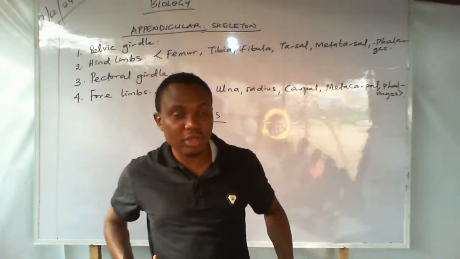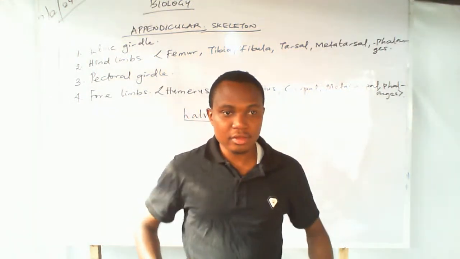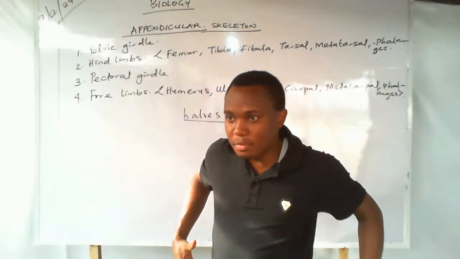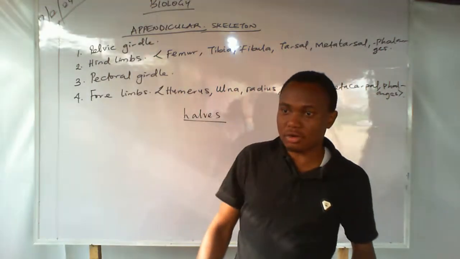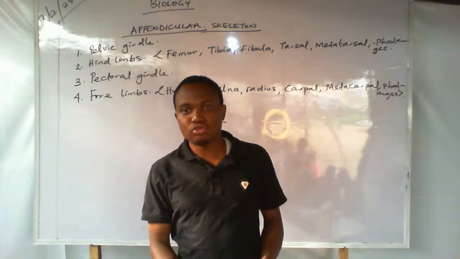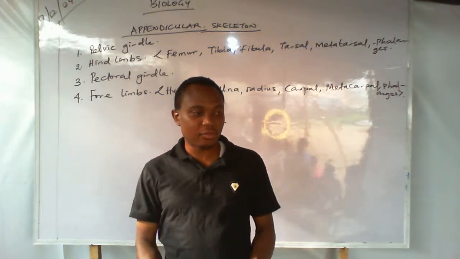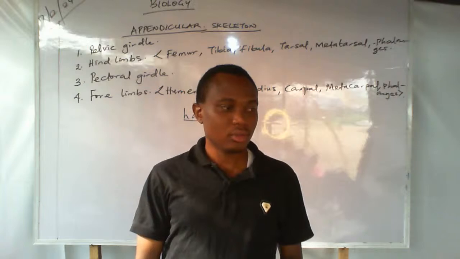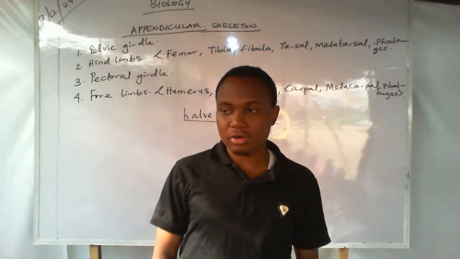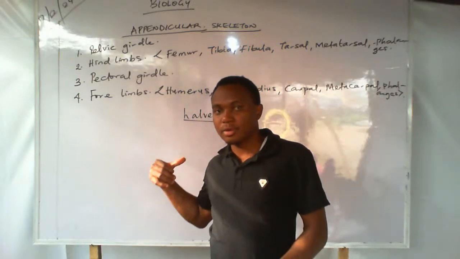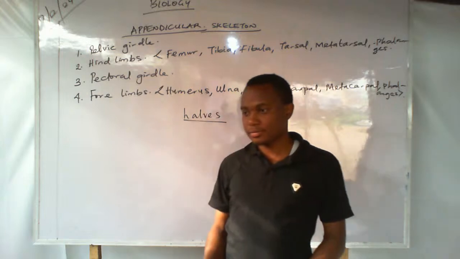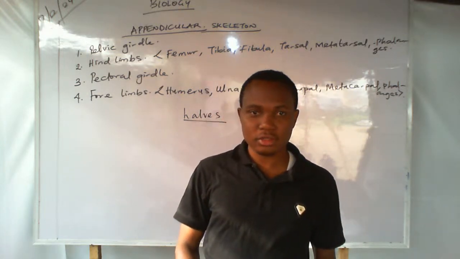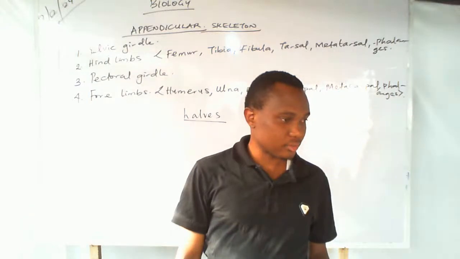So the halves are joined together ventrally, while at the back they move that way to join with the sacrum dorsally.